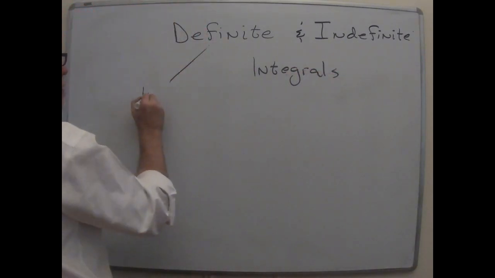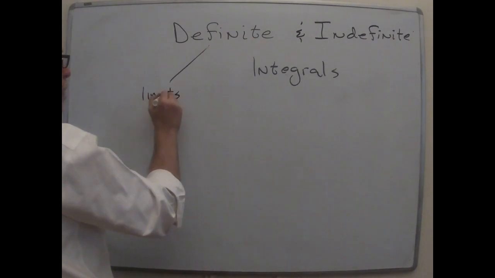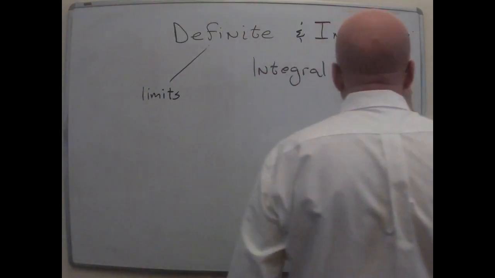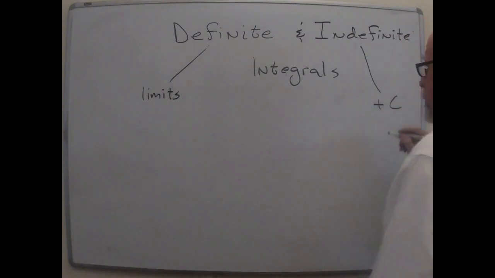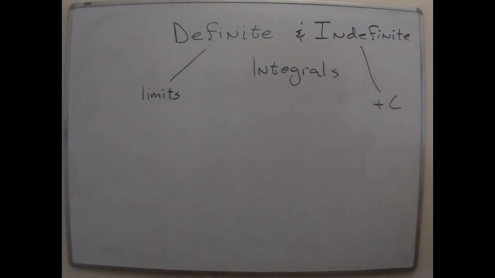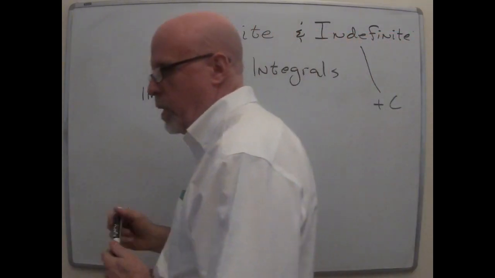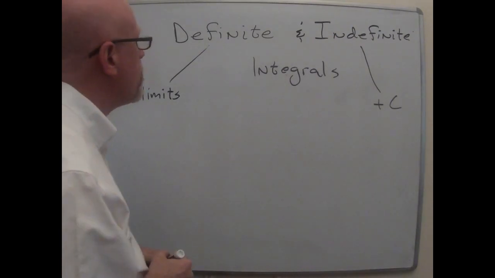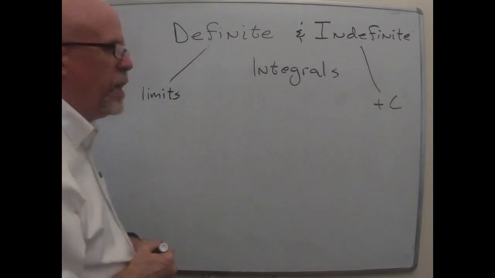Definite integrals are the kinds where you have limits, upper and lower limits. Indefinite integrals are the kind where you had to do a plus c on the end because you didn't have limits, and so there's an arbitrary constant that turns up in the process of integrating. Let's do an indefinite integral first.